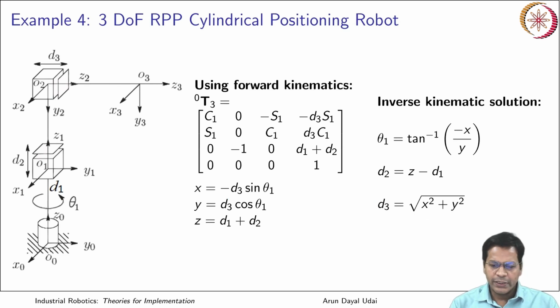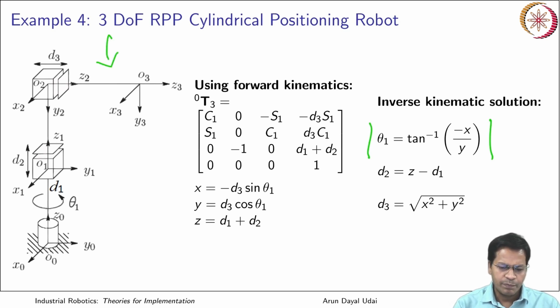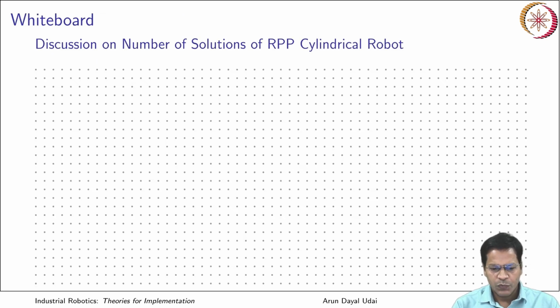Okay. Now let us analyze its multiple solutions on the whiteboard. So you see, you also have a similar solution to what we obtained earlier. Let me draw the whole of this system looking from the top. So this is your x0.